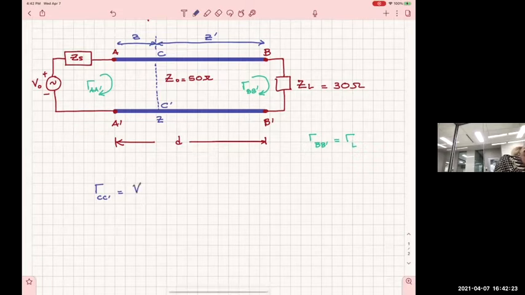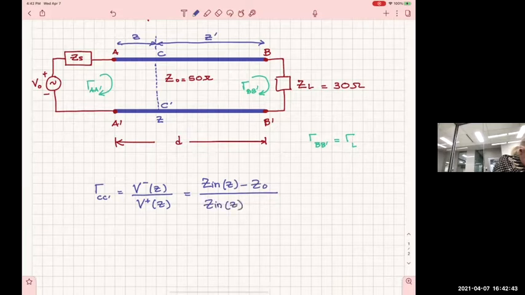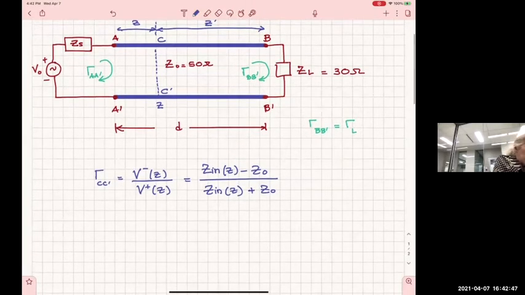It's V reflected at Z divided by V incident at Z. But what we found is that at that point, it is Z input at Z minus Z naught over Z input at Z plus Z naught.